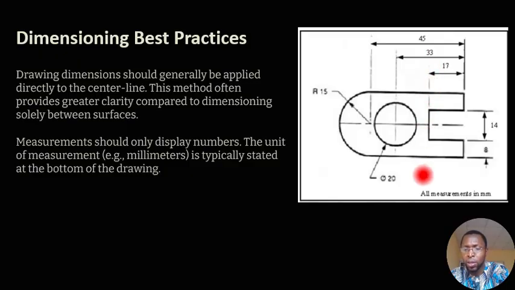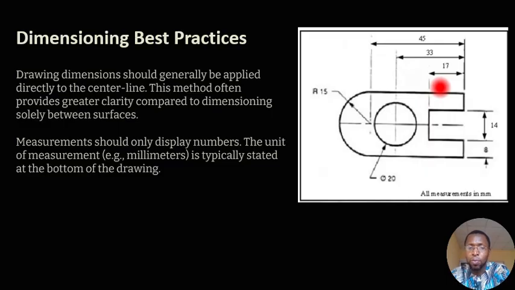However, the unit should be stated somewhere on that drawing, as it is stated here now: all measurements in millimeters. So you state at the bottom of the drawing what the unit is, but in the main drawing, just put the numbers. So do not put the unit on the main drawing when dimensioning, and let the center line be used in writing the dimension of the object.